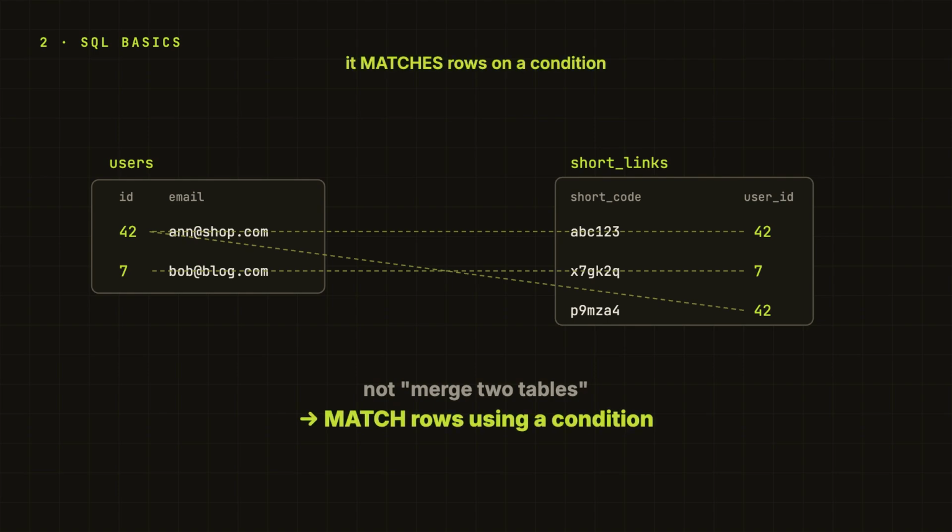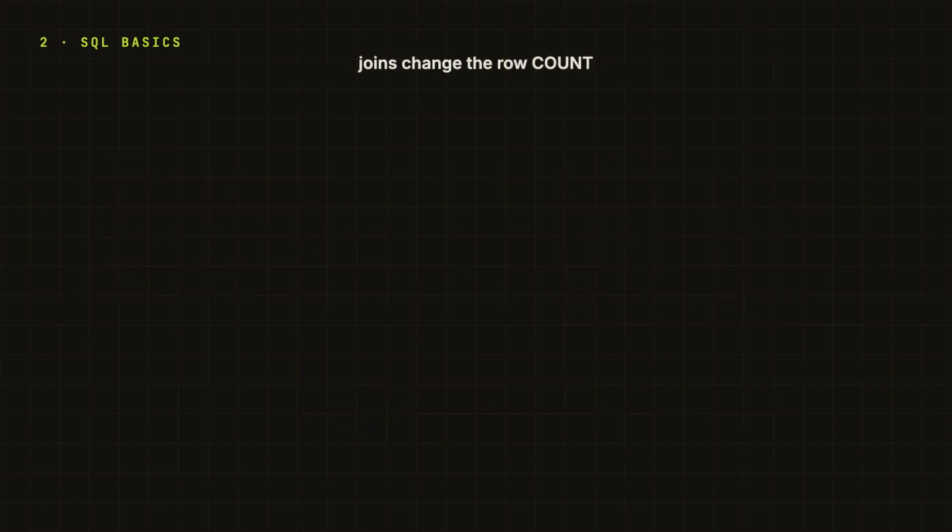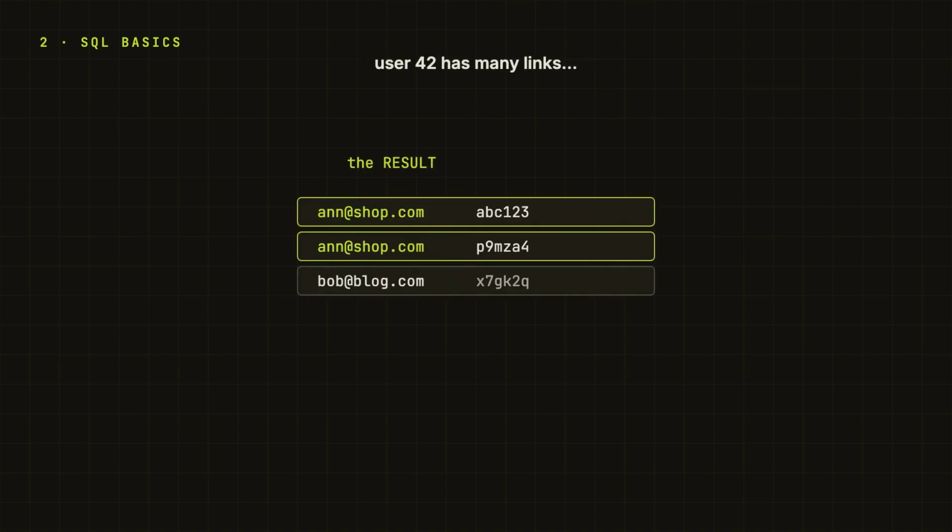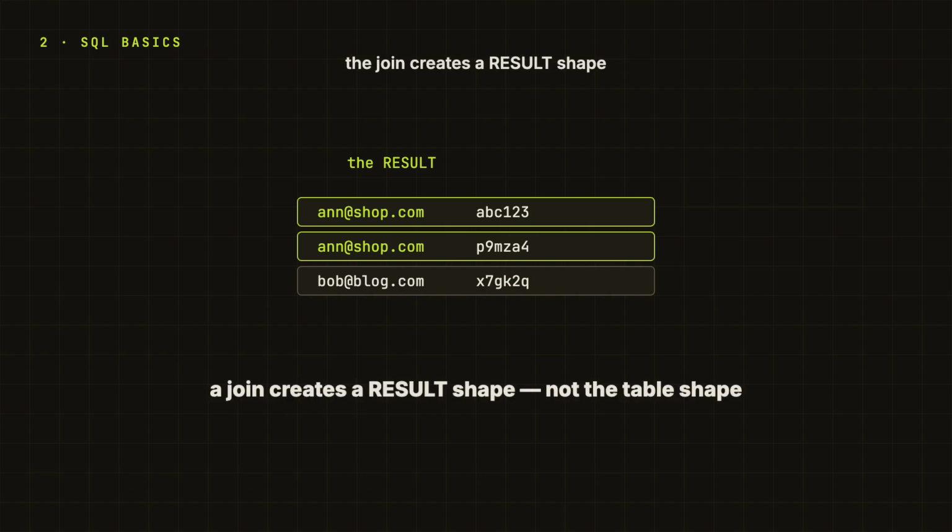It is match rows using this condition. And this matters because joins can change row count. If one user has 20 links, joining users to links can produce 20 rows for that single user. So, when joins confuse people, I think this is usually the missing piece. The join does not preserve your table shape, it creates a result shape.